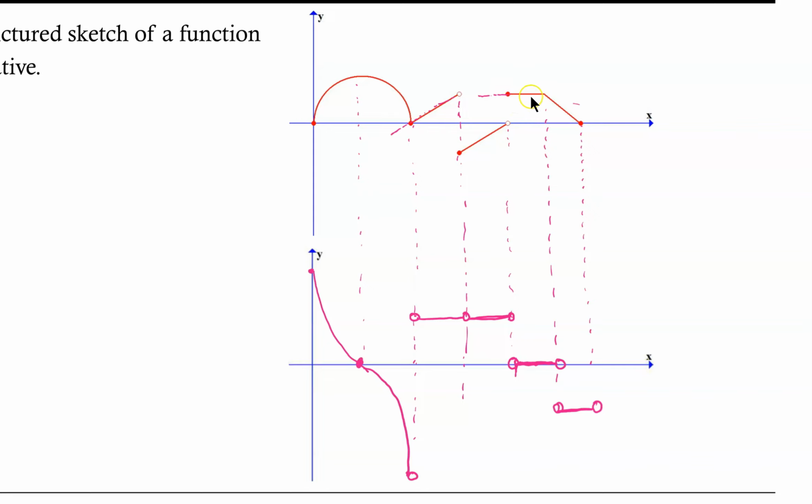This horizontal component of our function has created an interval on the x-axis where the derivative is 0. And then this decreasing portion of our function has created a horizontal line segment with negative y value. I hope this helps.